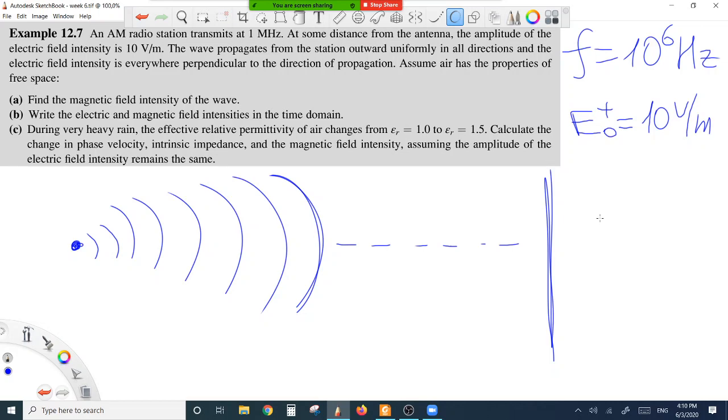Assuming that the vertical direction coincides with the z direction, we may write electric field intensity as z directed and propagating in the x direction parallel to the earth.